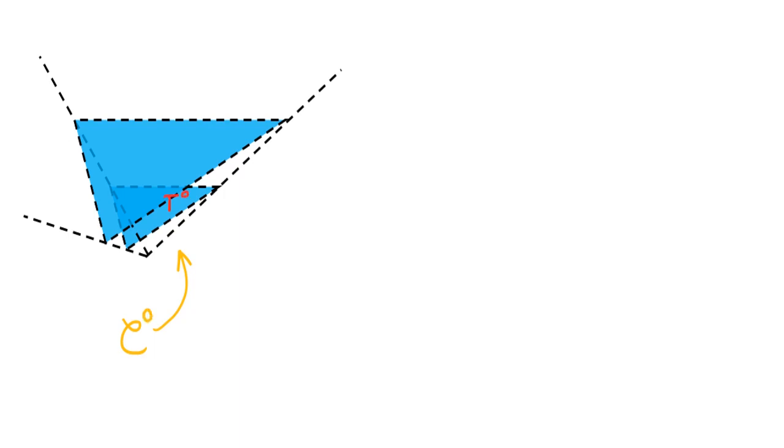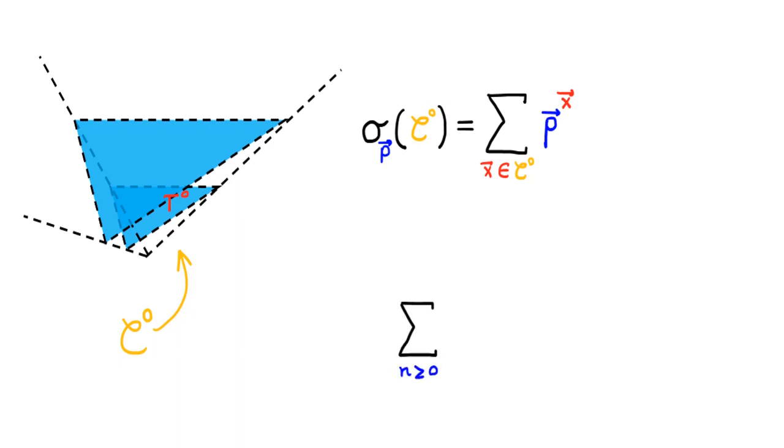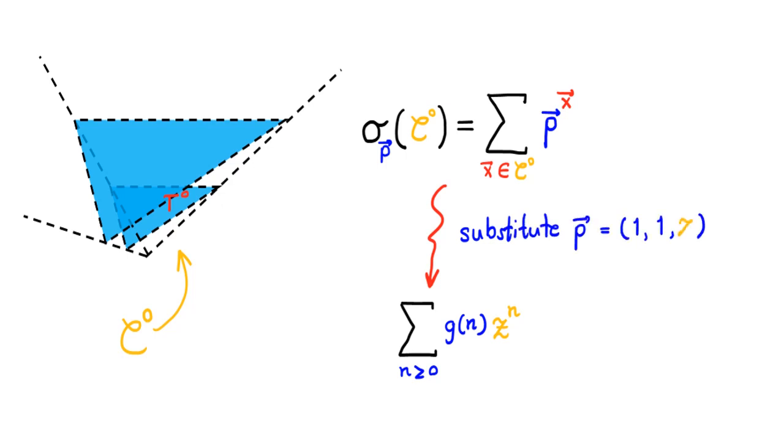Just like before, we are going to consider the sigma of C interior, which is just the sum of the algebraic expressions corresponding to each point in our C interior. Now, to get the generating function for g of n from this sigma, we can also do the same thing, which is to substitute p1 and p2 to be 1 and p3 to be z.